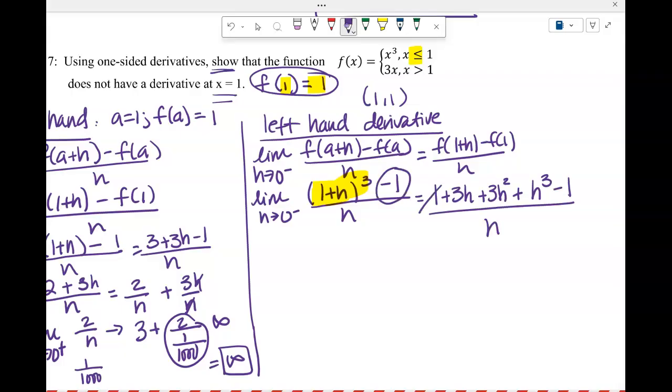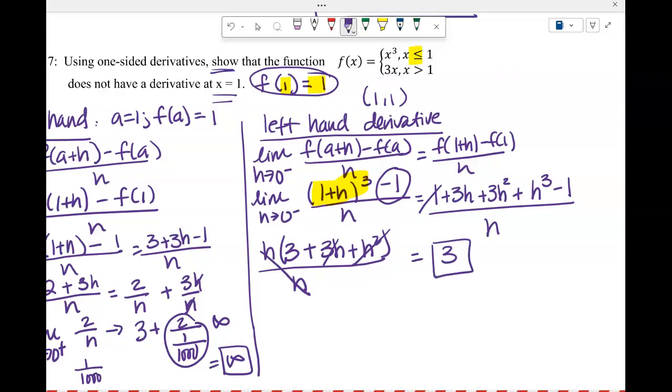The 1s are going to be gone. Factor out an h so that we can reduce with the denominator. Then we get 3 plus 3h plus h squared all over h. Those are going to be reduced. Now keep in mind that h is approaching 0, so these terms are gone. So now we have 3. So the slope coming from the left side is 3.